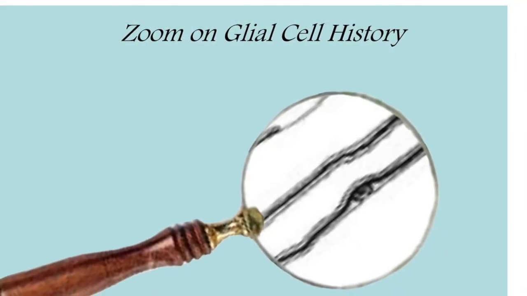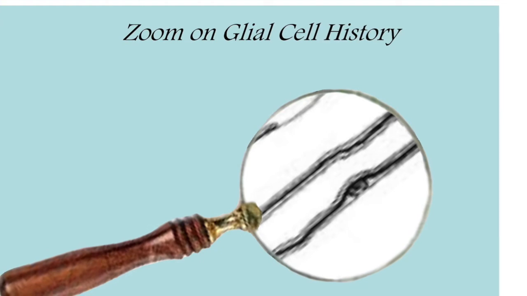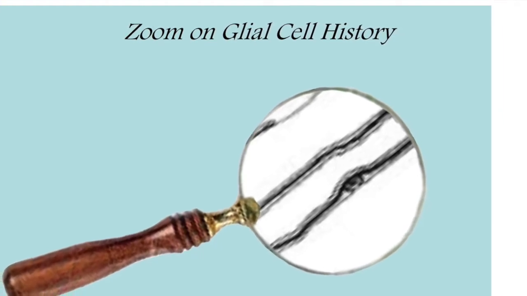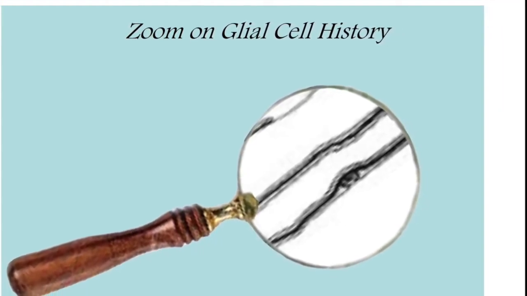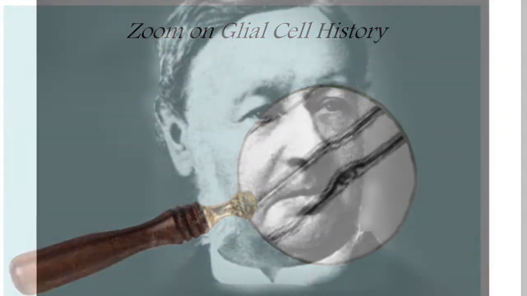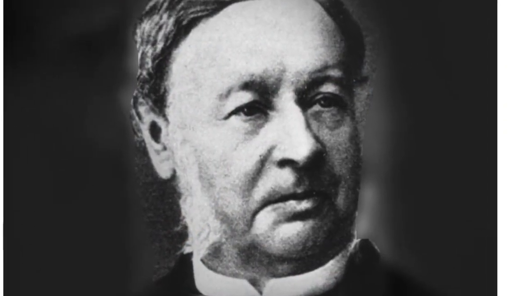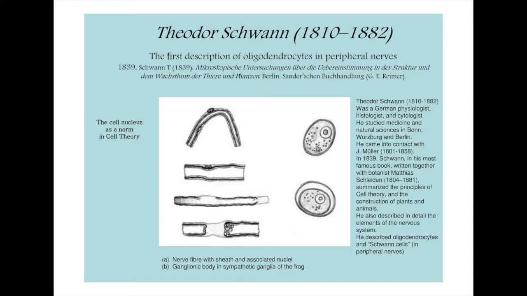Now, when were glial cells discovered, and after or before the neuron concept emerged? In fact, Schwann, who established the cell theory, also discovered some kinds of glial cells early. But he could not differentiate them from nerve cells when he made his observations.